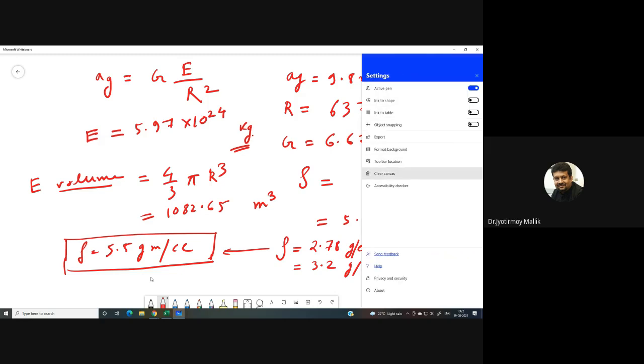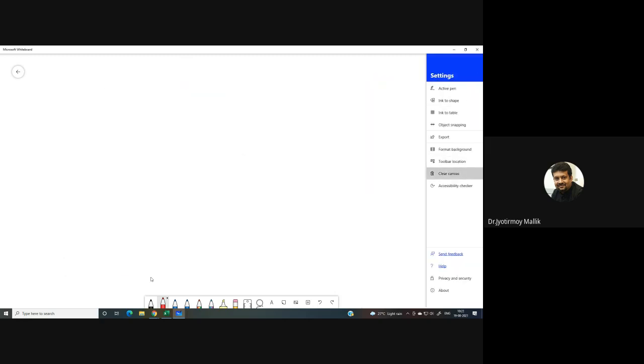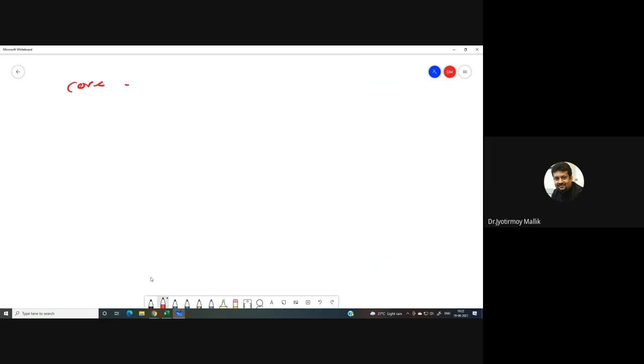So the core and the mantle have to be denser than the crust, okay? That is one point.